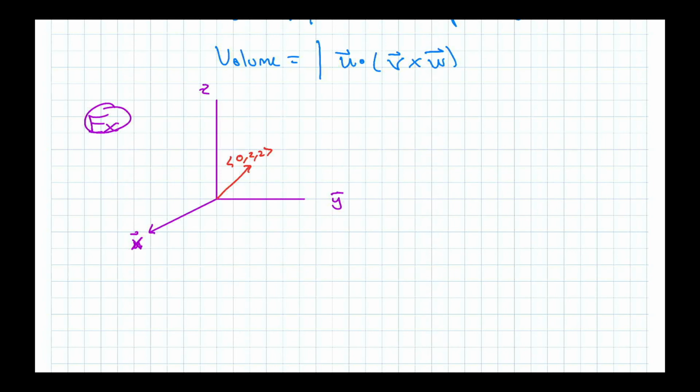Let's say we're going to do another vector. Let's make it come out at us. Let me get a color that we can see. From there, let's come out this way. And let's say that vector is going to be, what would that vector be?